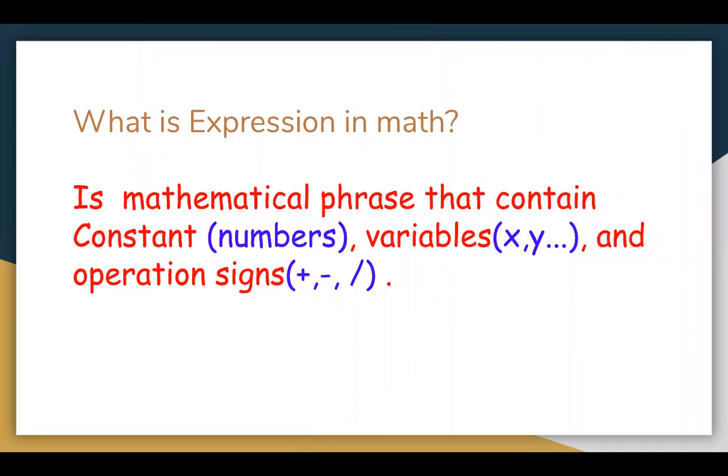An expression is a mathematical phrase that contains constants, which are numbers, variables, which are letters or symbols, and operation signs like plus, minus, and dividing signs. I just put this one as a dividing sign. There are some other similar signs too. So it's basically a mathematical phrase that contains constants, variables, and operation signs.